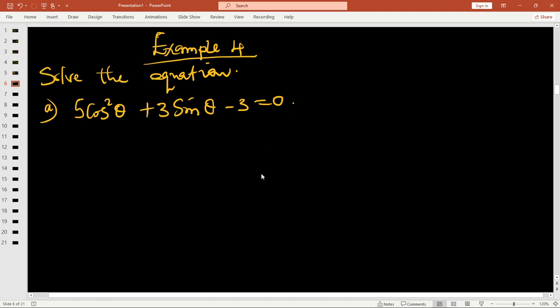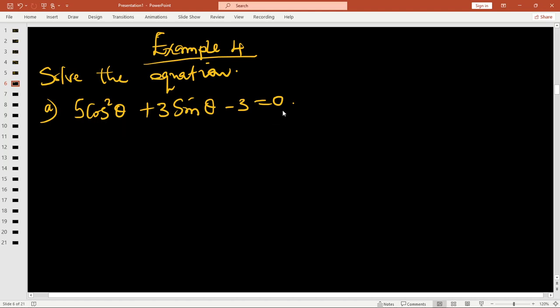Okay, so now when you look at this equation, we have two different trigonometric functions involved, meaning that we need to find an identity that we're going to substitute here. Sine theta is not a trigonometric identity, but we can get an identity for cos squared theta.